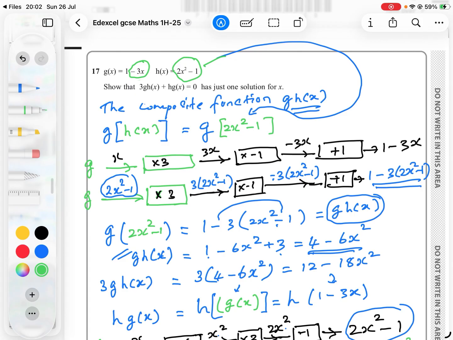Then you need to add 1. Look here, that is positive 1. So add 1. Eventually your outcome is minus 3x add 1, you can write down 1 minus 3x. That is your outcome.